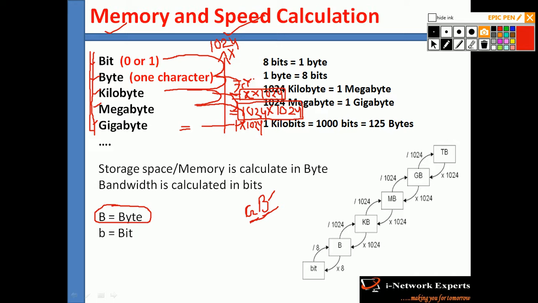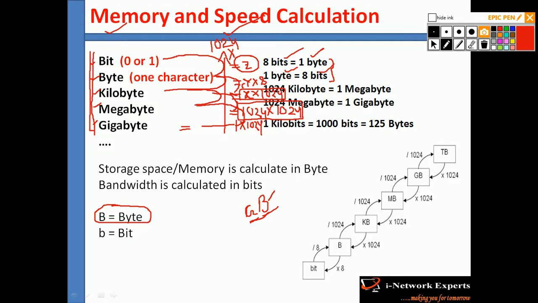Then y you multiply by 8. Why? Because 8 bit equals 1 byte, or 1 byte equals 8 bit. So while converting byte into bit, you multiply by 8. Now you got the value z. So you got the idea, right? That is how I converted 1 gigabyte into bit.